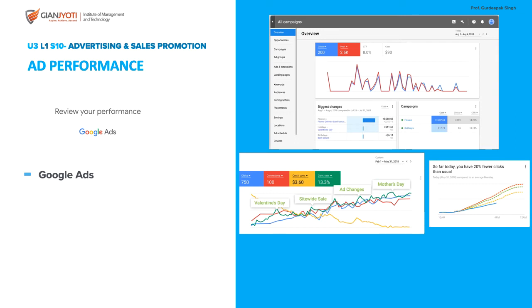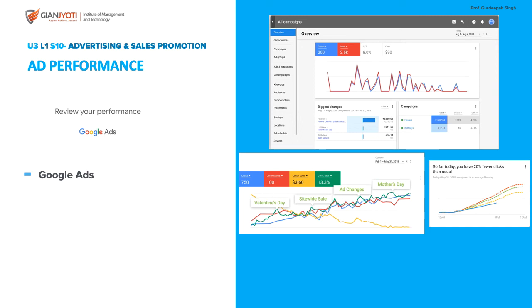Also, sometimes when you're running the ad, you want to know the right timing. For example, every Monday you are running the ad and you want to compare the time between maybe 2 days or each Monday, and you come to know that on an average on Mondays what you are getting in terms of maybe clicks or engagement or conversions.